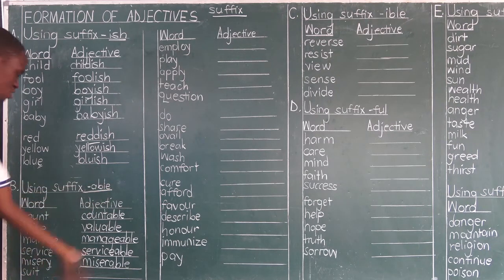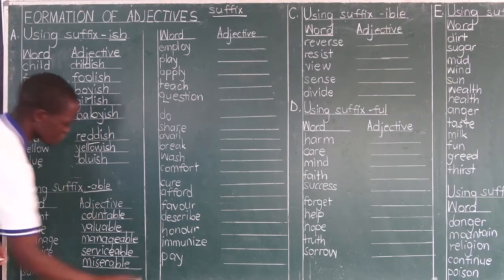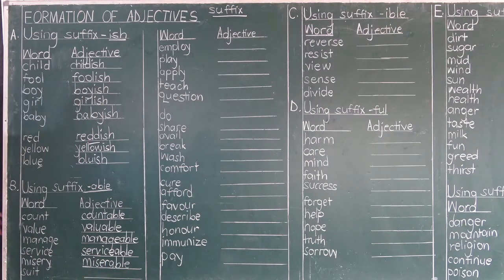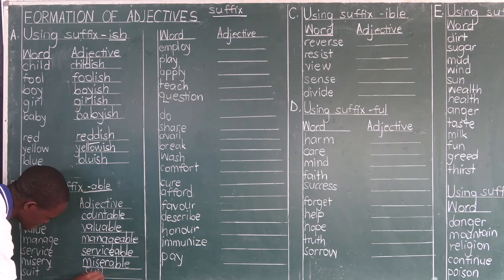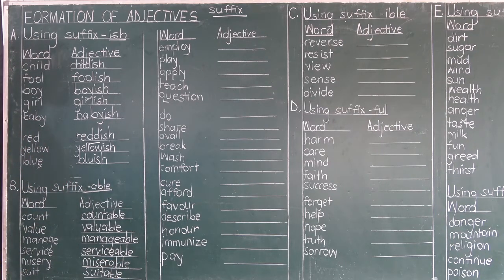A miserable child, one who shows misery even by appearance. You look like you have gone through a lot of misery. We say you look miserable. The last word in this list is suit. S-U-I-T, where the answer is suitable. S-U-I-T and able, our suffix.